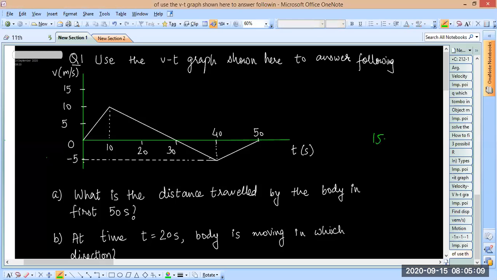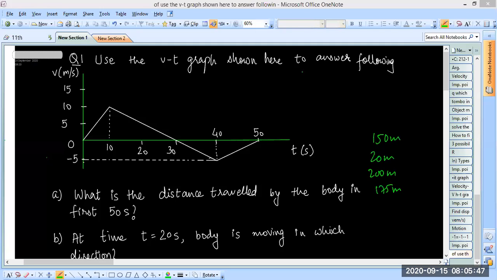Some people are getting 150 meters, some are getting 20 meters, some are getting 200 meters, some are getting 175 meters, right? We have also got 300 meters now. So let's find out which is the correct one.